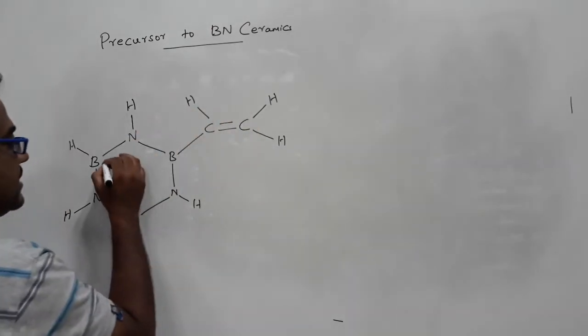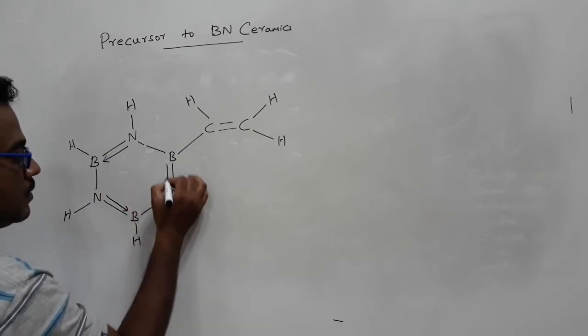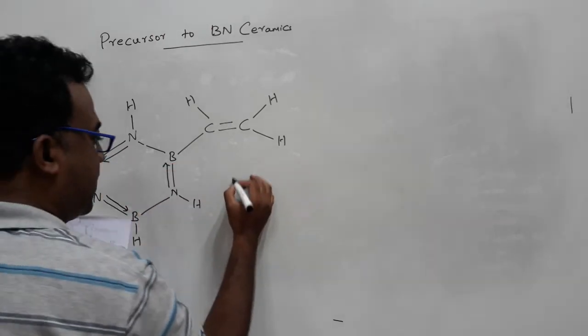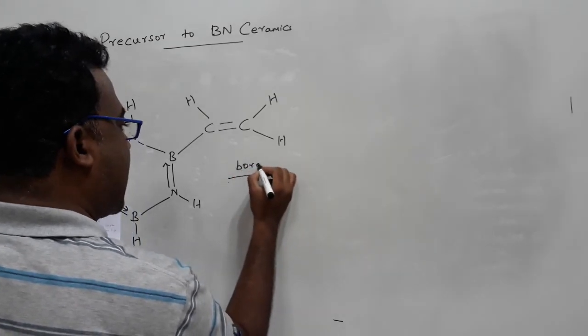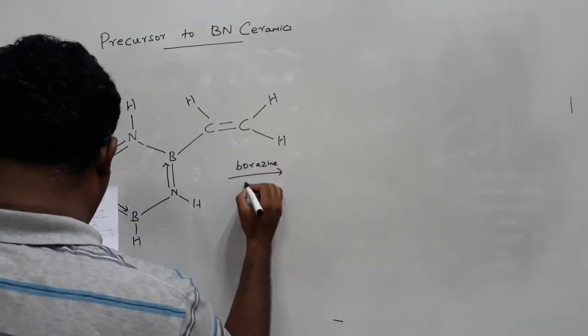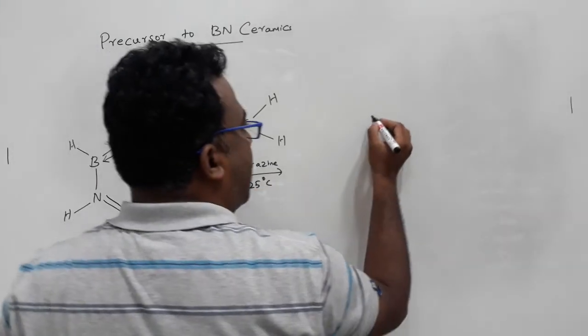If you take this compound and react it with borazine and heat it to 125 degrees Celsius, you get a polymeric compound.